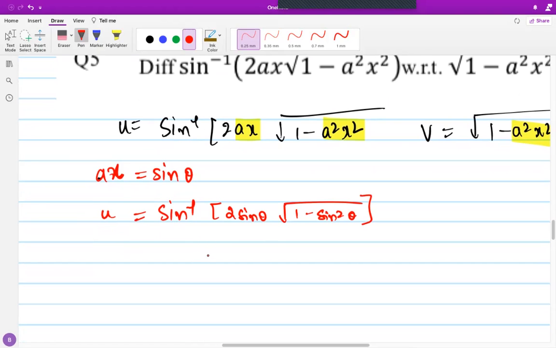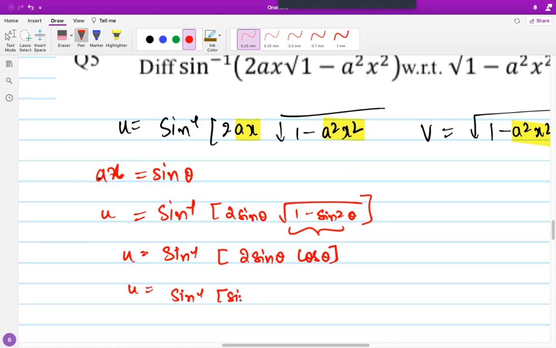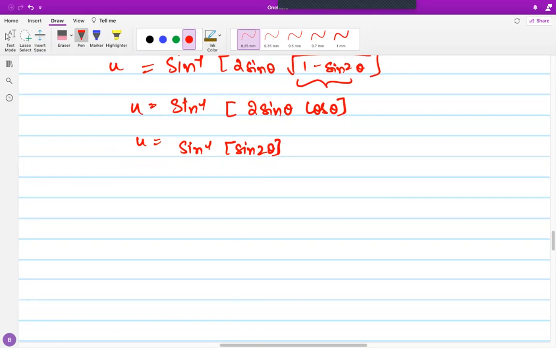That becomes sine 2 theta, because of the identity, the root is cos theta. So u equals sine inverse of sine 2 theta, which is equal to 2 theta, as we already learned in the trigonometry part.